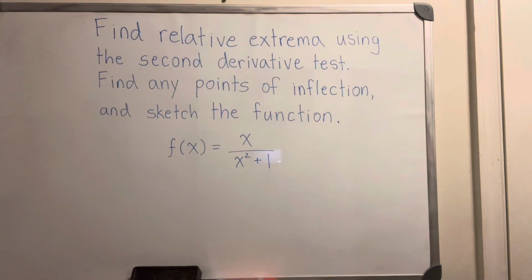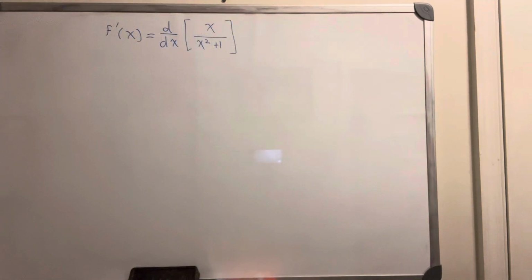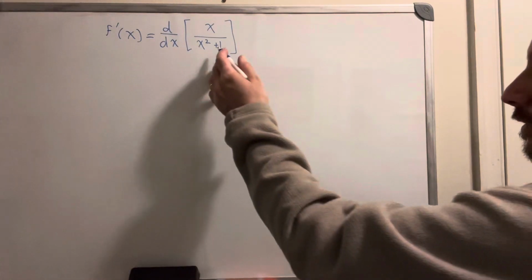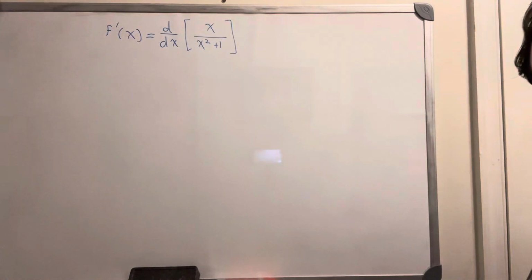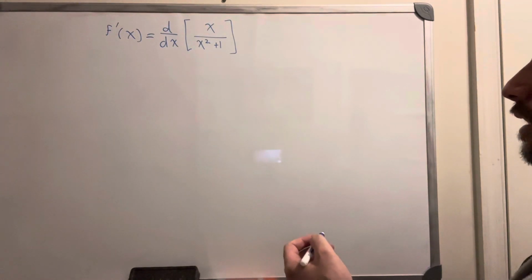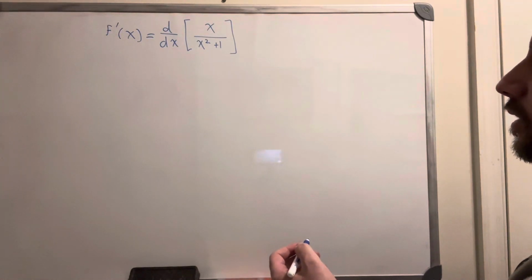So if you remember the second derivative test and the way to find points of inflection, then this is a pretty easy problem. So first let's find the first derivative of the function. How do you solve for the derivative of this one? Well, what is the quotient rule?